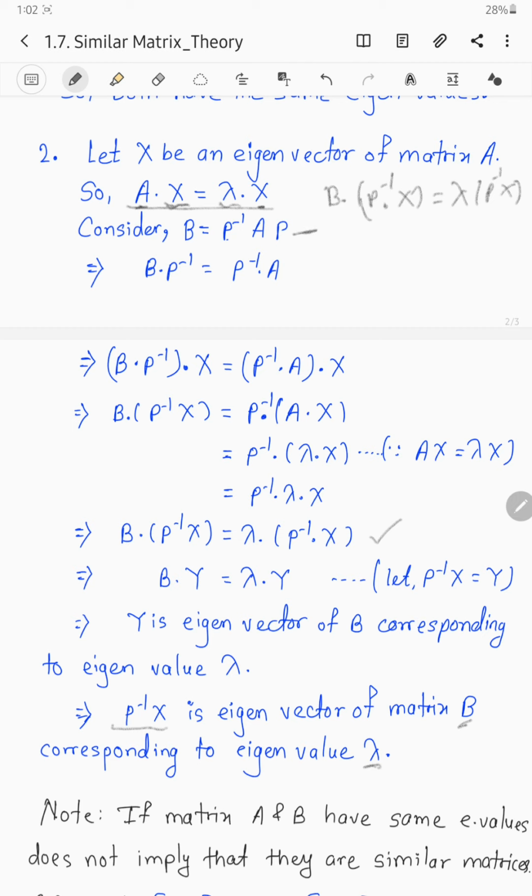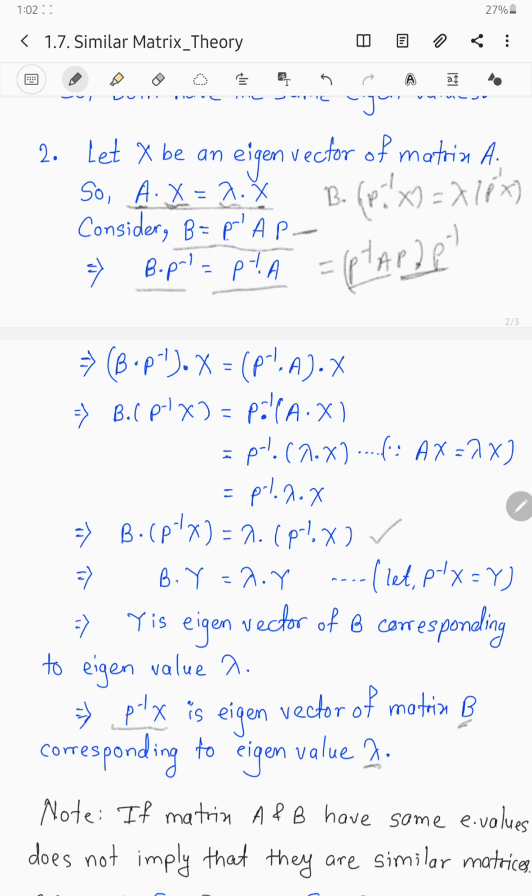I will get B into P inverse is equal to P inverse AP into P inverse. Now P into P inverse becomes the identity, and identity into P inverse A is again P inverse A.